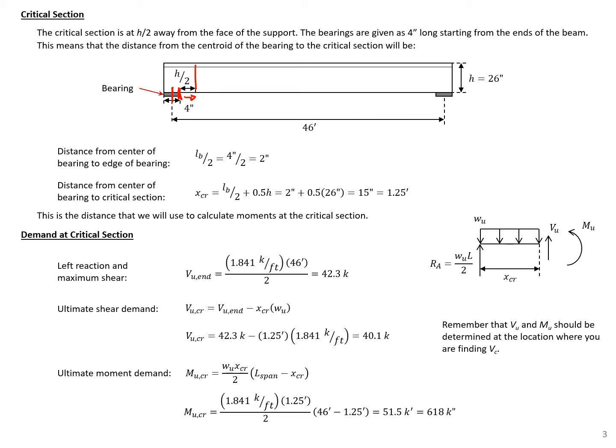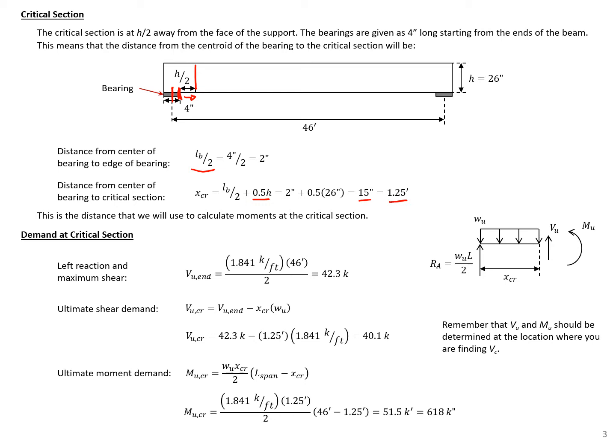So we need to go a distance length of the bearing over 2 to get to the edge of the bearing, and then we add that 0.5h to the lb over 2 to get our x critical, or the distance from the center of our support to our critical section. So here we can see that'll be 15 inches or 1.25 feet.